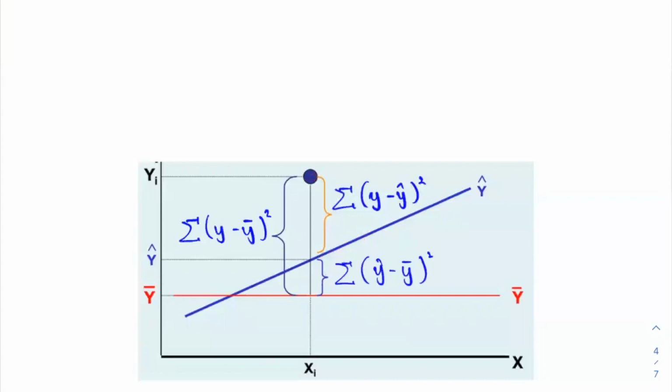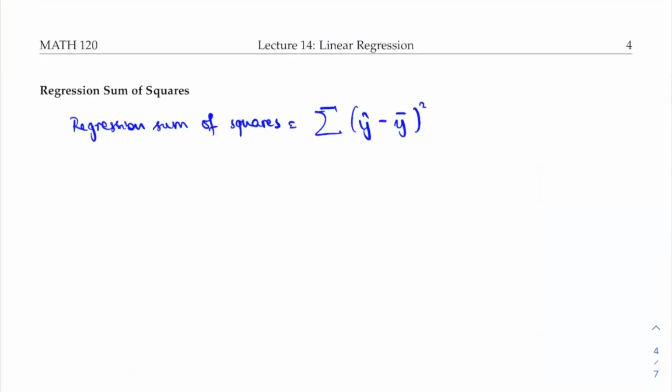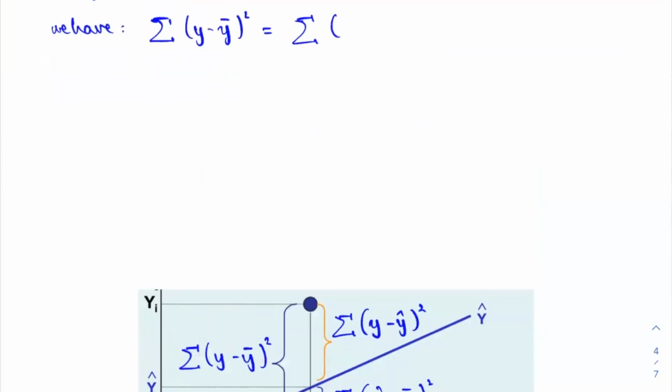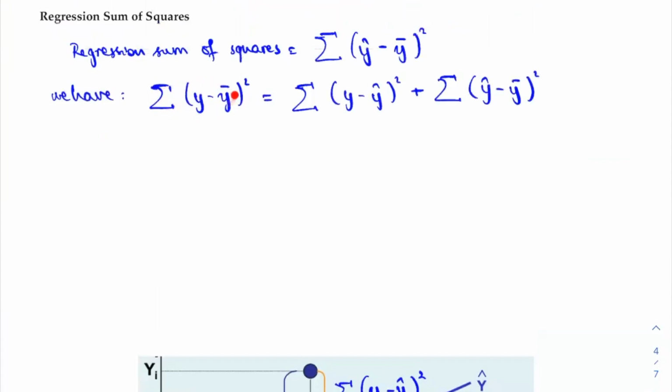From this picture, we can see that the sum of y minus y bar squared is equal to the sum of y minus y hat squared plus the sum of y hat minus y bar squared. Now we're going to divide both sides by this particular term.